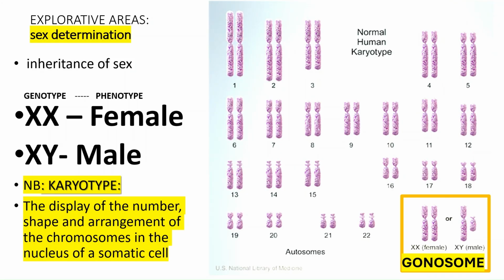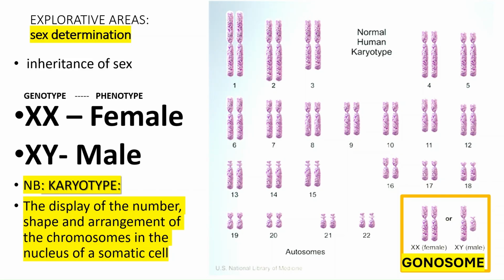Like I said earlier on, it is observed that in females at position 23, there are two chromosomes and they look very similar. They are homologous. In human males, there are two chromosomes, but they are not homologous, meaning they are not similar. Mostly one is large, the other one is small. And if the chromosomes at position 23 are both large and similar, that person becomes a female.